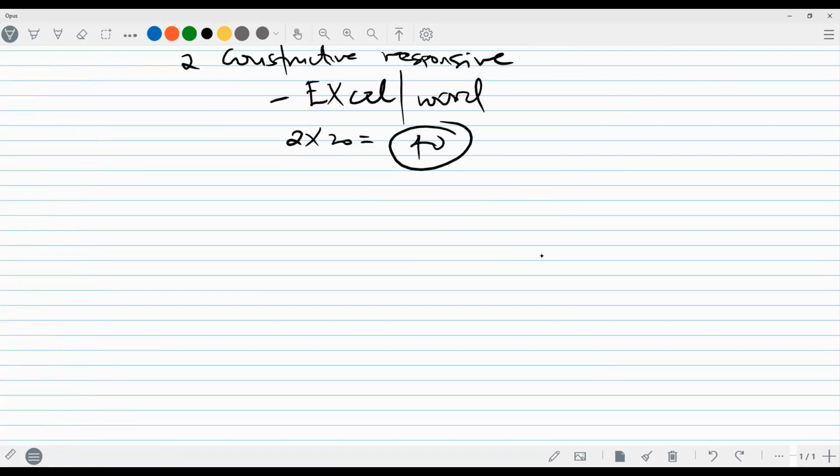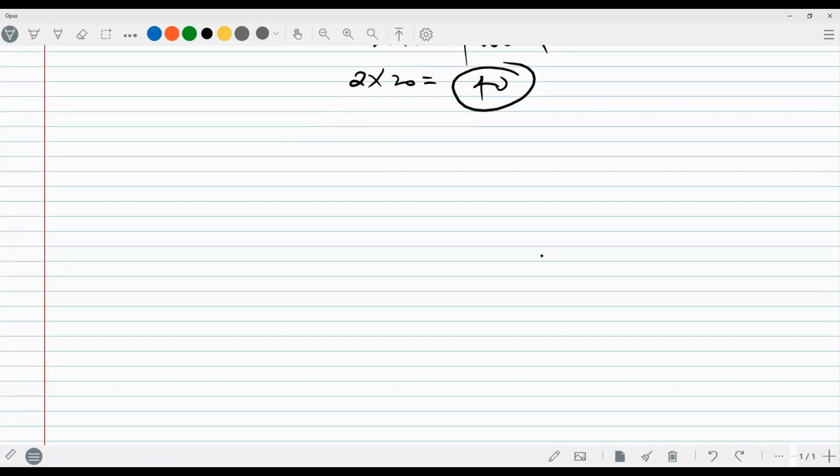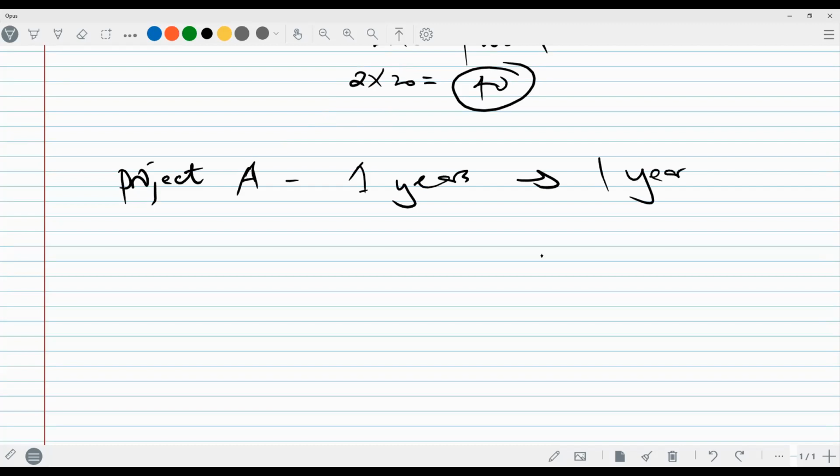If, for example, we have an investment, a project that has a life of 1 year, let me call it project A, its life is 1 year. It is better that you finance it with 1 year financing, let's say a 1 year loan, such that the interest you'll be paying on this loan will be matching with the receipts you'll be receiving from the project.